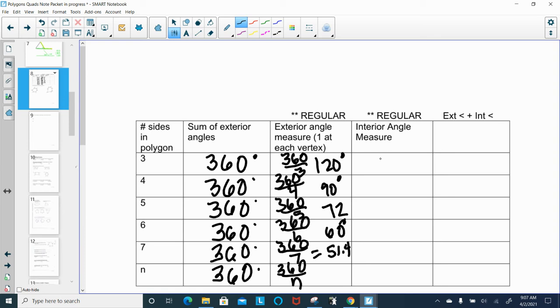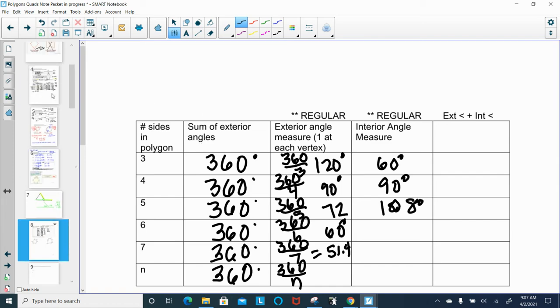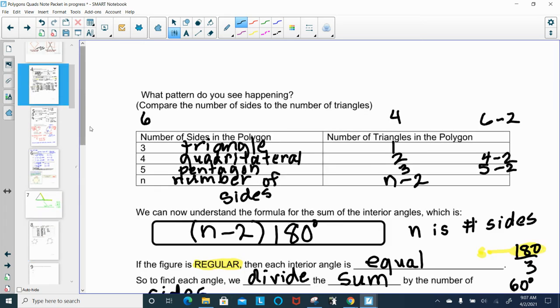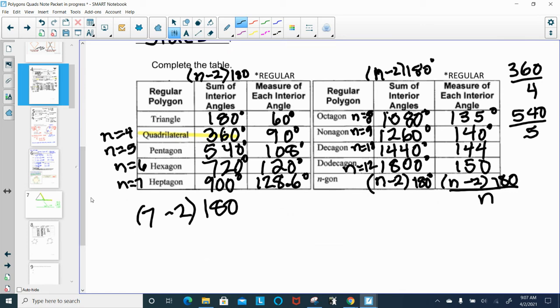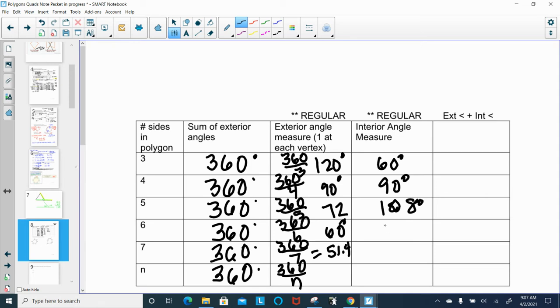So the interior angle was 60 and 90 and 108. Hang on, I got to go back and get the other 2 numbers for the 6 and the 7. 120 and 128.6. Okay. I just want to show you something here.